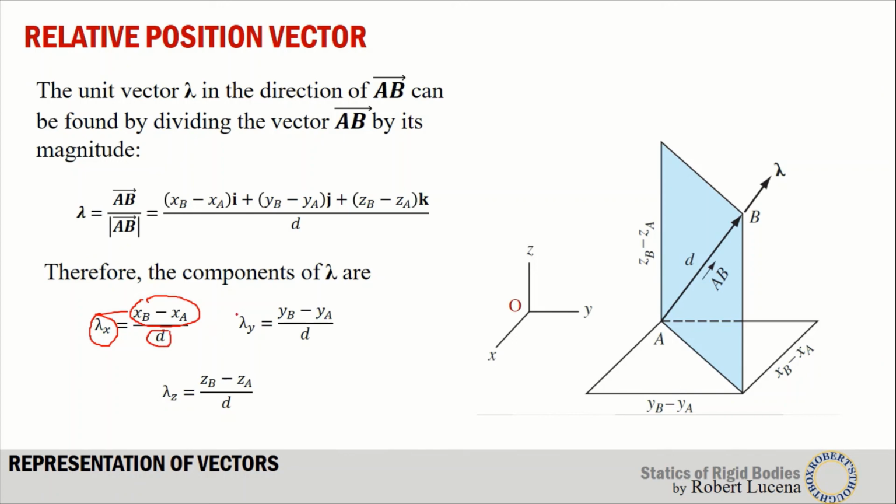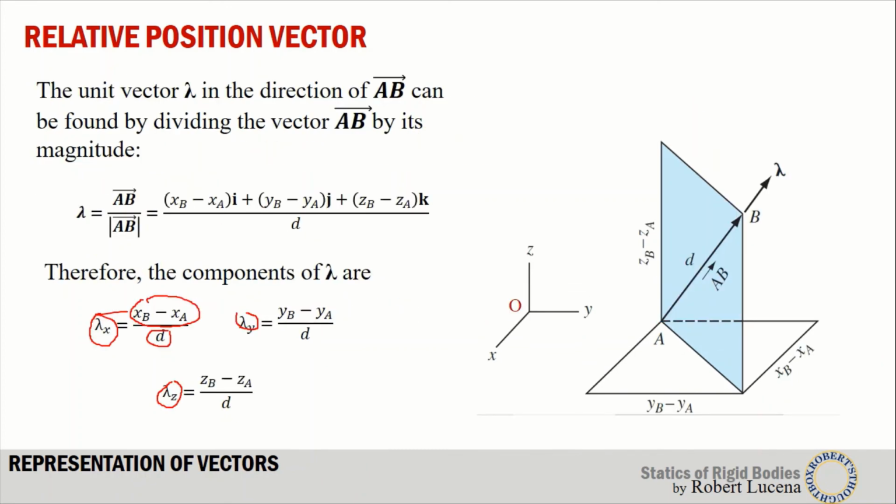And the same case goes for y and z: the direction cosine of y and the direction cosine of z. This one for y is simply the change of coordinates about y over d, and the change in z over d. This is simply because cosine is adjacent over hypotenuse. So for theta x, the adjacent side of the triangle is the difference along the x-axis. For y, the adjacent side of the triangle is the change in y coordinate, and the same case for the z-axis.